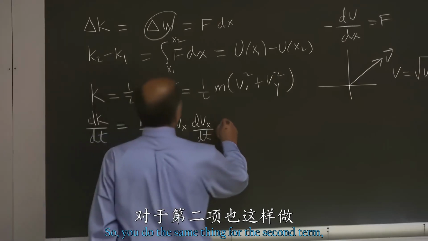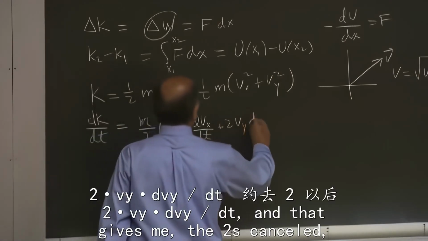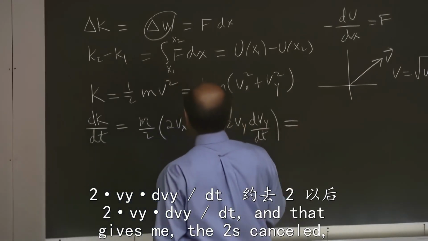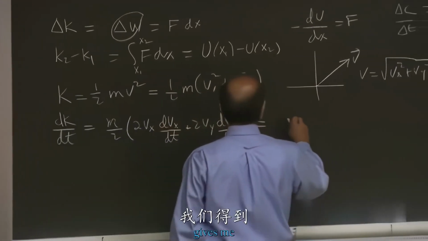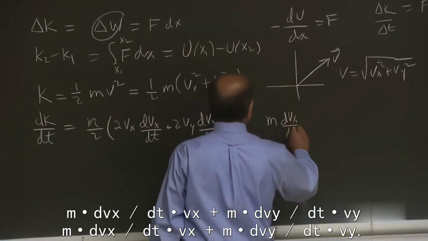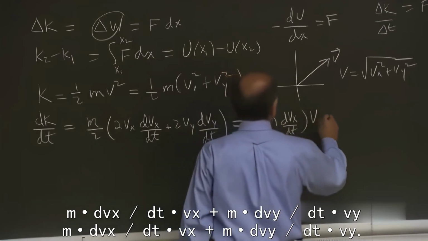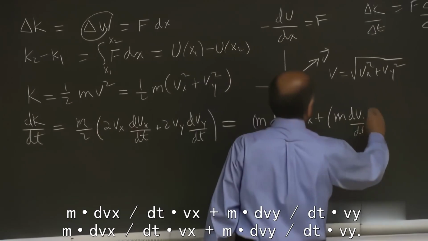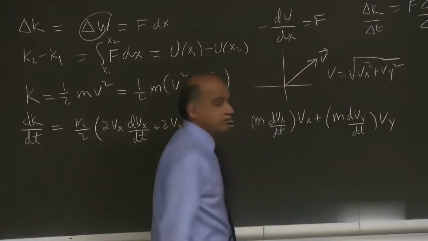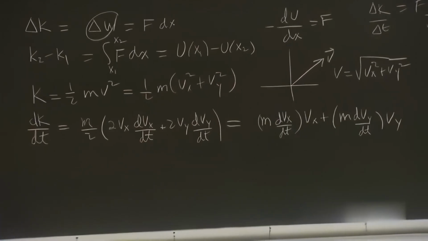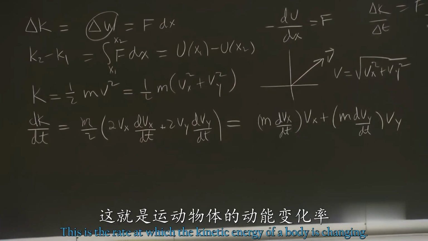Do the same thing for the second term, 2vy dvy/dt, and the 2's cancel, giving me m dvx/dt times vx plus m dvy/dt times vy. This is the rate at which the kinetic energy of a body is changing.